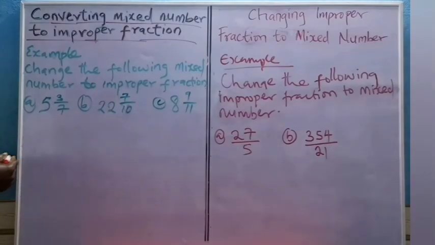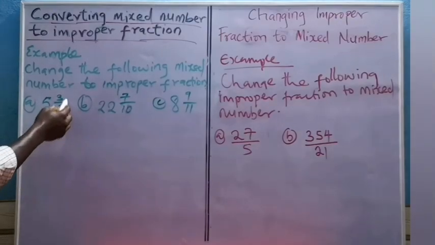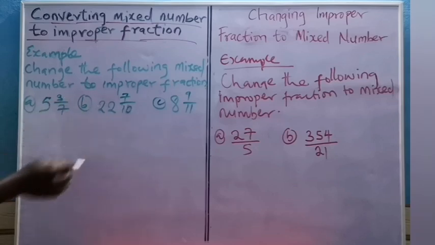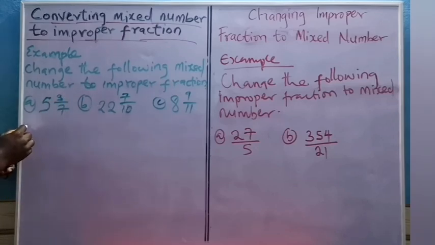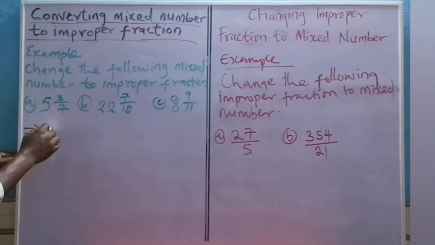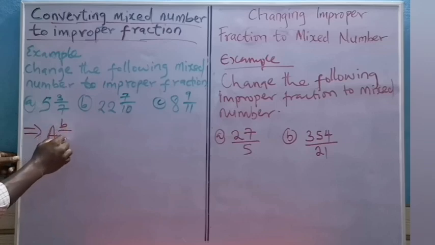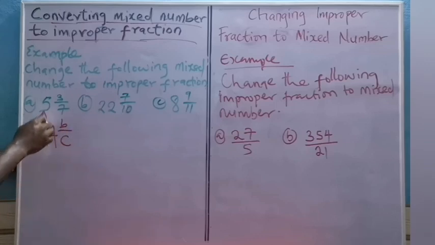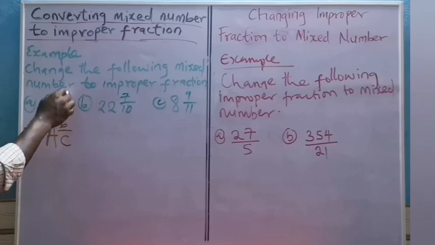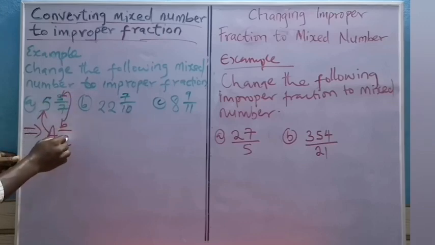Okay, let's look at the first one. Now, for us to change any mixed number to improper fraction, the best formula to use is this. I will say A whole number, B all over C. A is for the whole number, then B is for the numerator, and C is for the denominator.